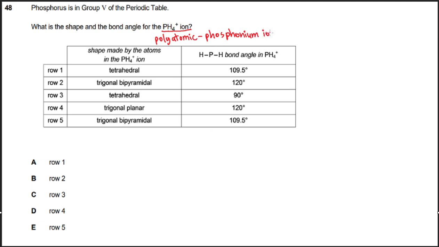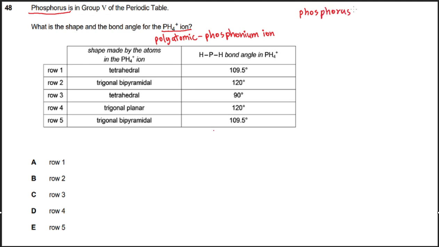Before we move any further, to determine the shape and bond angle for this polyatomic ion, we must construct the dot and cross diagram for this phosphonium ion to be able to deduce what structure, what arrangement, it could possibly form.